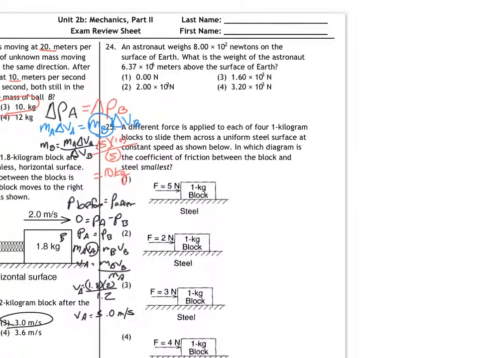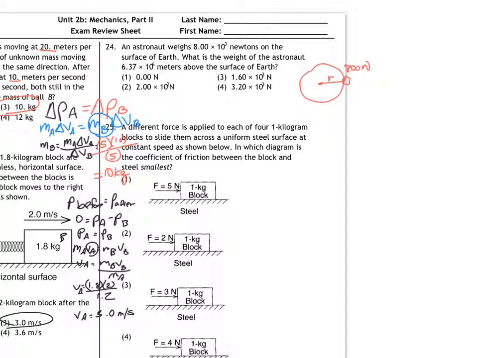Alright, 24. An astronaut weighs 800 newtons on the surface of Earth. What's the weight of the astronaut this many meters above the surface of the Earth? You can start with a sketch of the Earth. Here's an Earth radius, and we'll put the astronaut here, and he weighs 800 newtons.